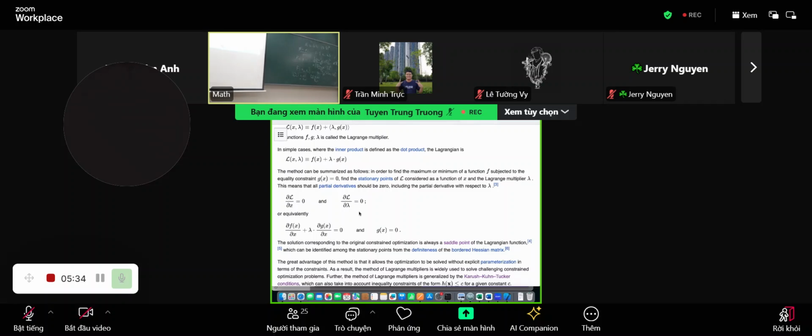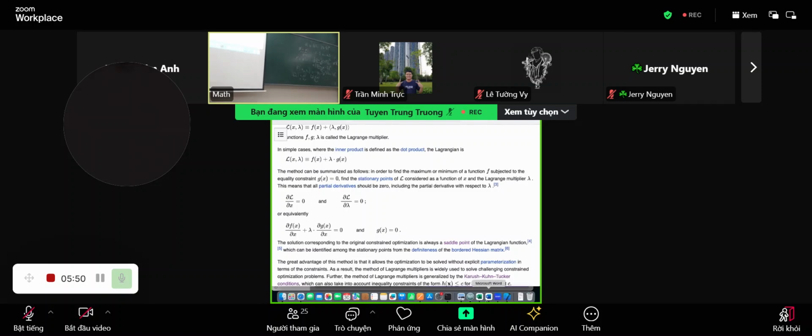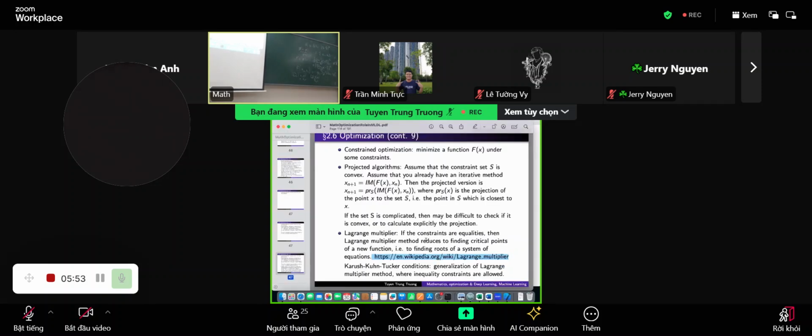So you reduce finding minima with these constraints to finding critical points, basically solving a system of equations. So in this case, the app that I mentioned before can solve equations, so you can maybe use it to try to find those that satisfy this Lagrange multiplier.